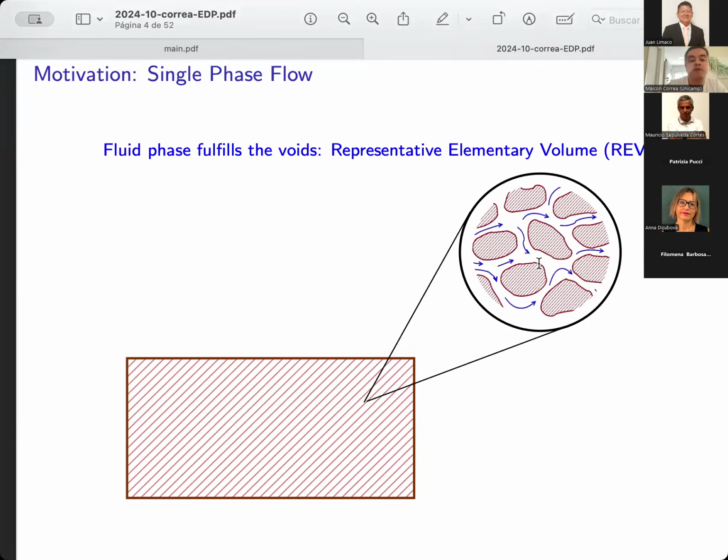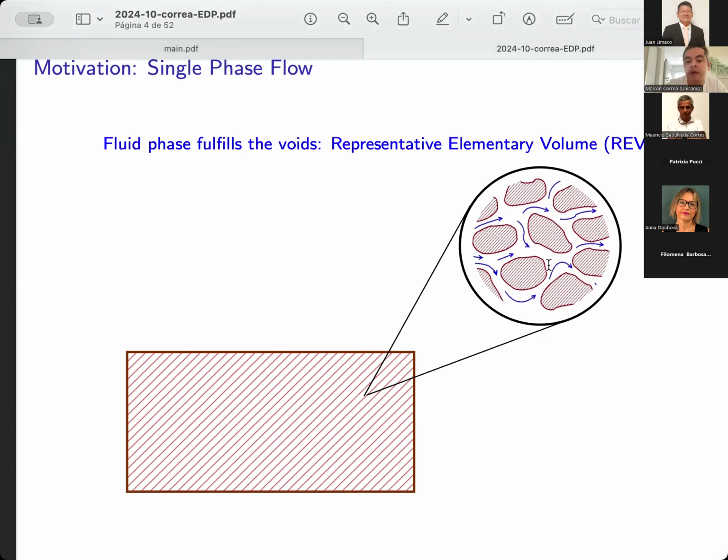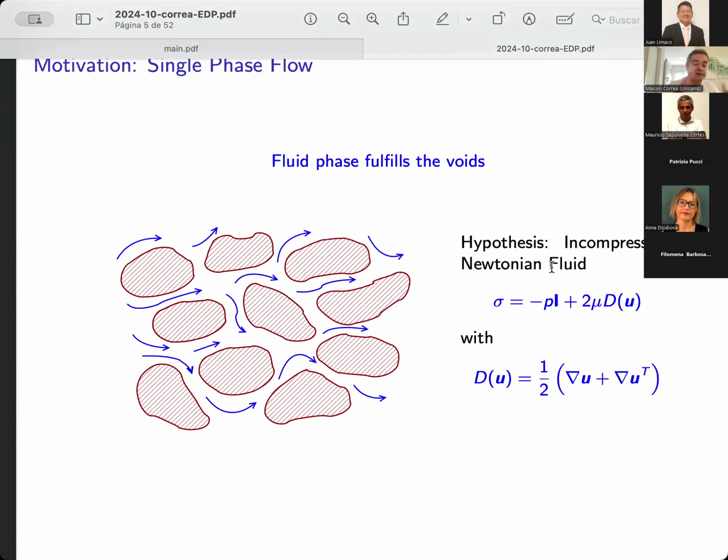So we can try to solve this problem by using the Stokes equation in the porous domain. Here's the illustration. We zoomed in, we have the domain of the porous media, we have the voids, the pores, and inside the pores we have Stokes flow.